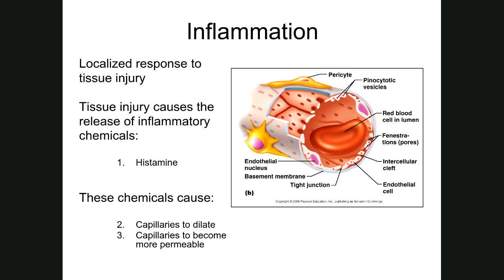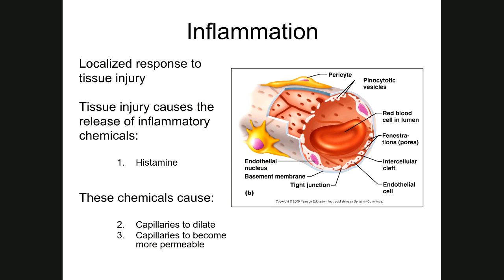So when capillaries dilate in an area where histamine has been released due to tissue damage, we're going to get an influx of blood into that area. And that's what a damaged tissue needs. It needs more blood, bringing the oxygen that blood has and the nutrients that blood has to help those tissues that have been damaged to heal.